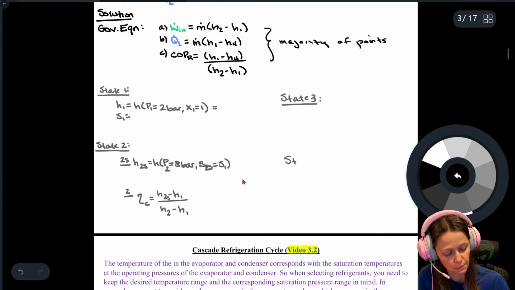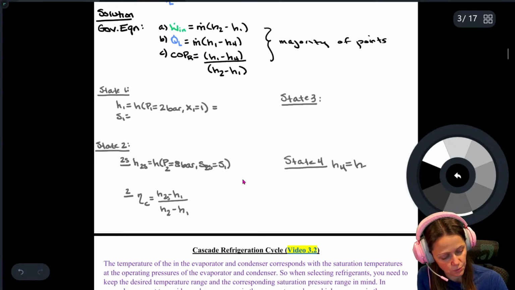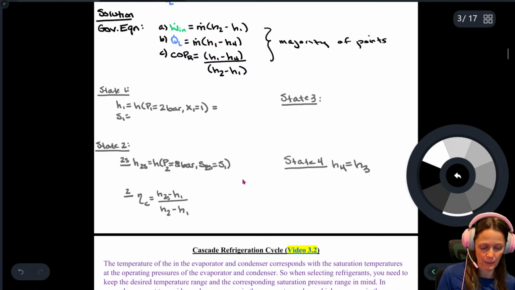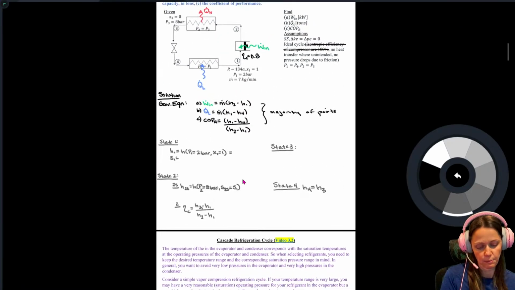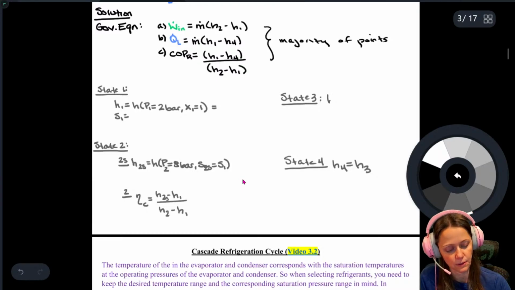State 4 shouldn't be bad at all, because if you found state 3, you found state 4, right? And it looks like we've got a quality and we've got a pressure at state 3, so we're all good there.